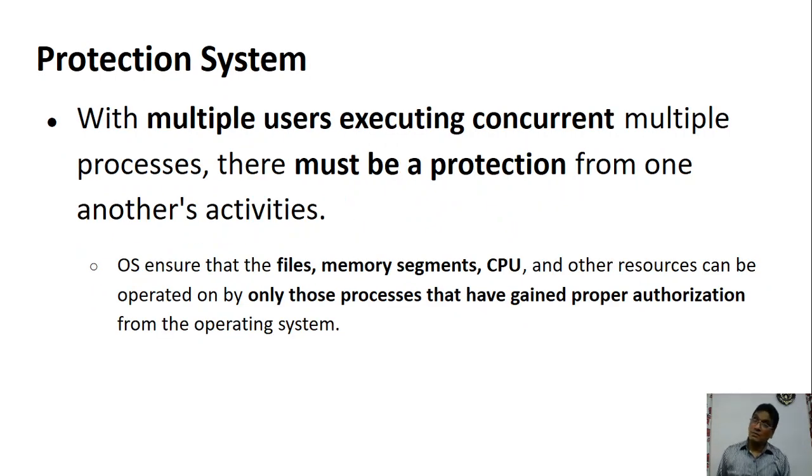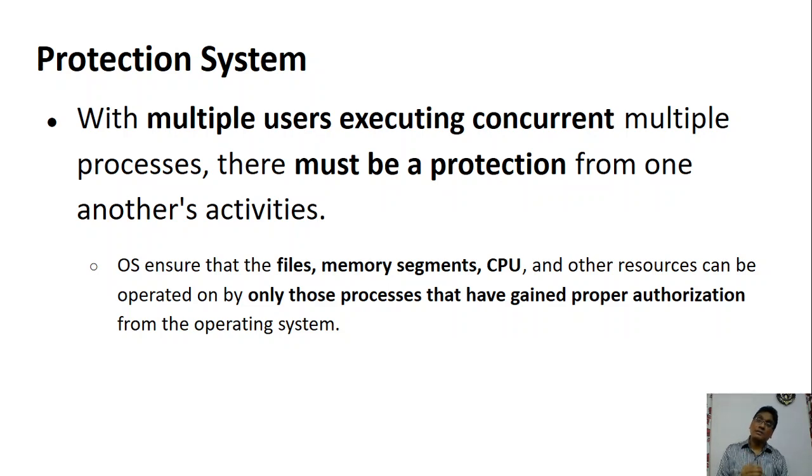Protection is very important when there are multiple users executing their programs concurrently. I don't want somebody else to destroy the files I have created, or my programs to disturb other programs. There must be a way in which my files are protected, the memory and RAM that I am accessing are protected, and my instructions are not manipulated.